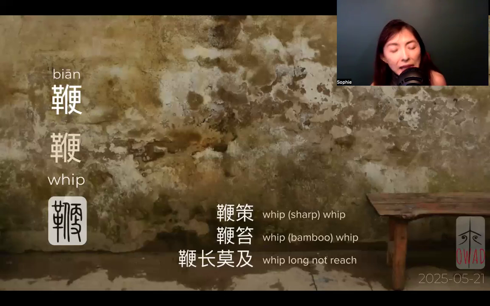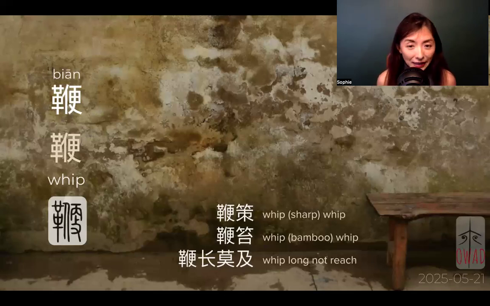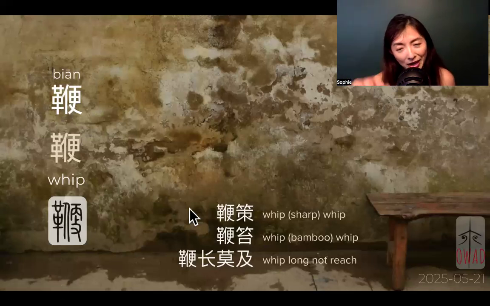Here I'm just giving you three to give you the tip of the iceberg, to show how this language can repurpose the concept of 鞭, the whip, to create concepts that we can conceptually whip our minds with. Okay, let's see. 鞭策. If you know a little bit of Chinese, both 策 and 箠 have the bamboo symbol on the top.